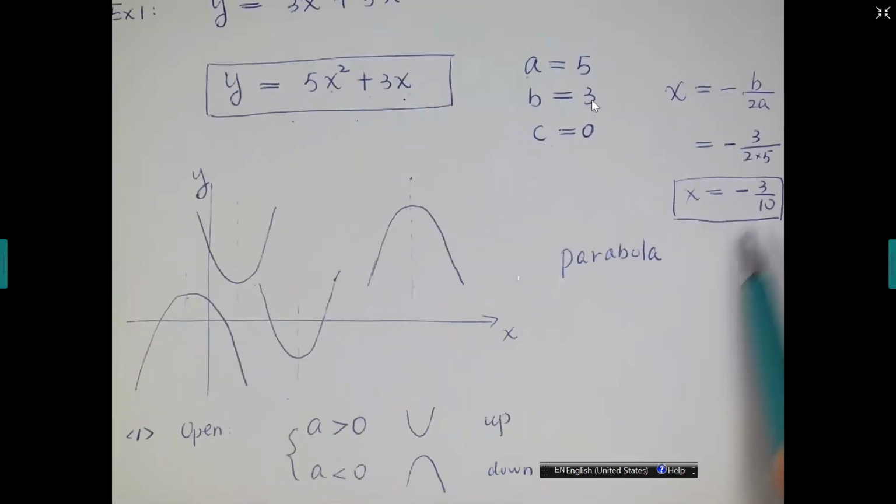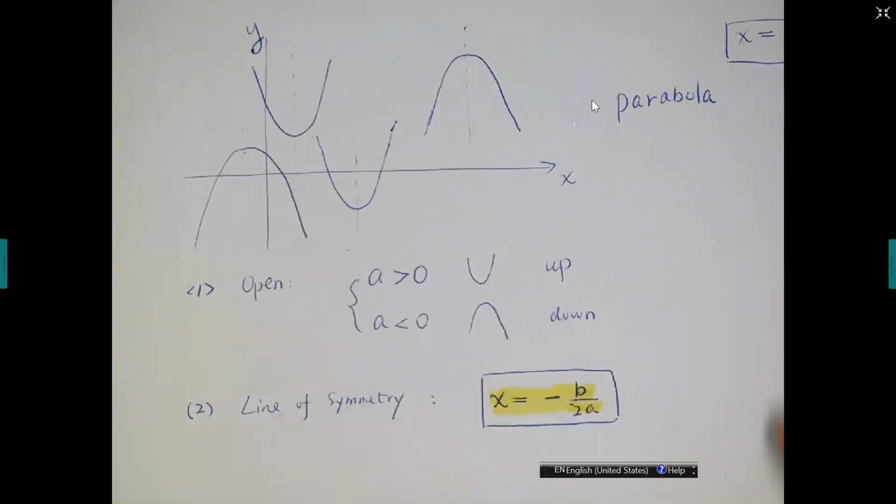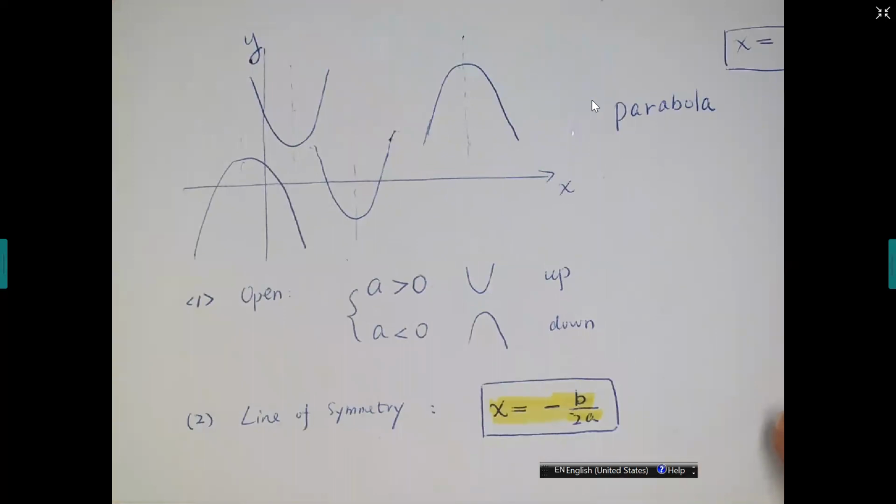Right, so this is the second thing we are going to memorize about the parabola. Every parabola has its own line of symmetry, x equals negative b over 2a. Don't forget, we have a negative sign.